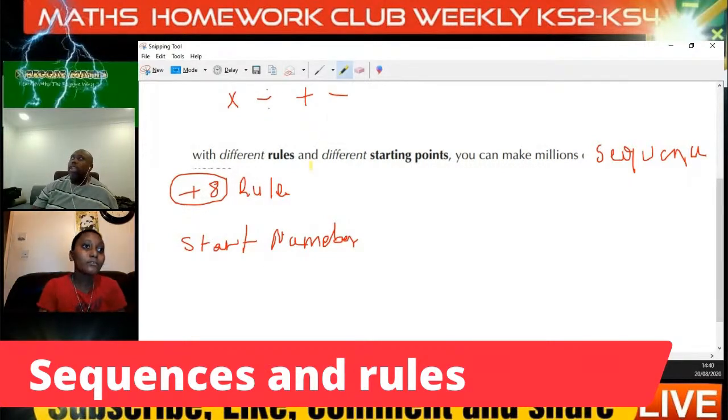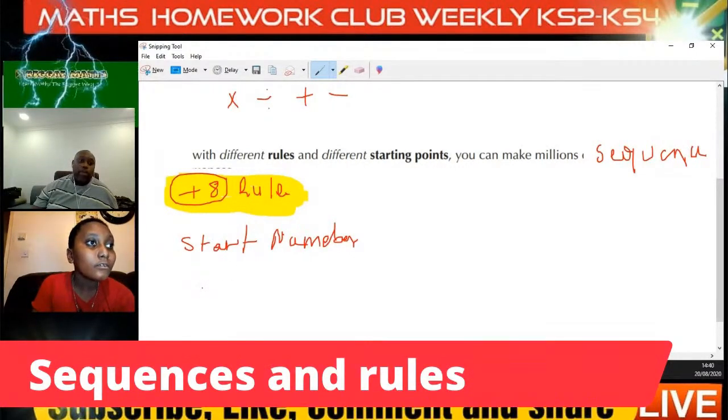The rule is add 8. We need to start at a number. So give me a number that you're going to start with to generate your sequence. Should I choose a start number then? Yes. Okay. Let's choose the number 0. So that's what we're starting with.